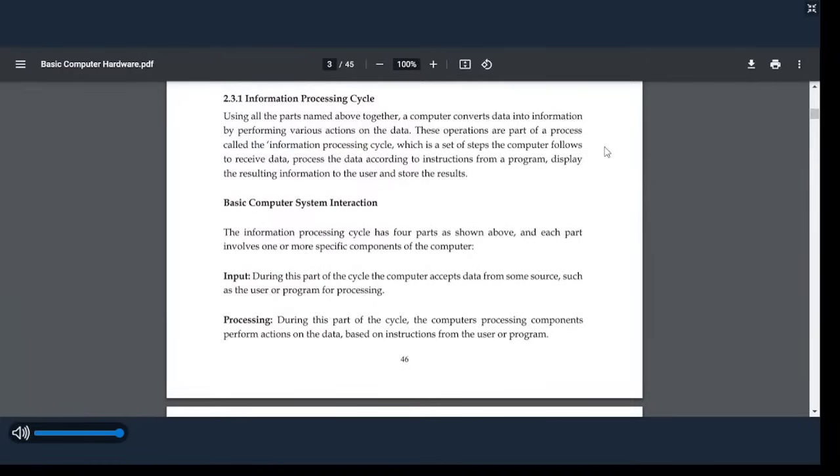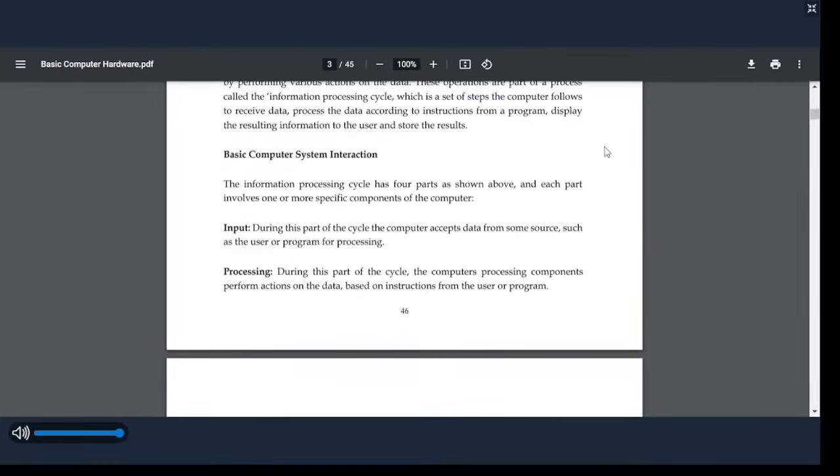So the input: during this part of the cycle, the computer accepts data from some source, such as the user or a program, for processing. Then processing: during this part of the cycle, the computer's processing components perform actions on data based on instructions from the user or program.